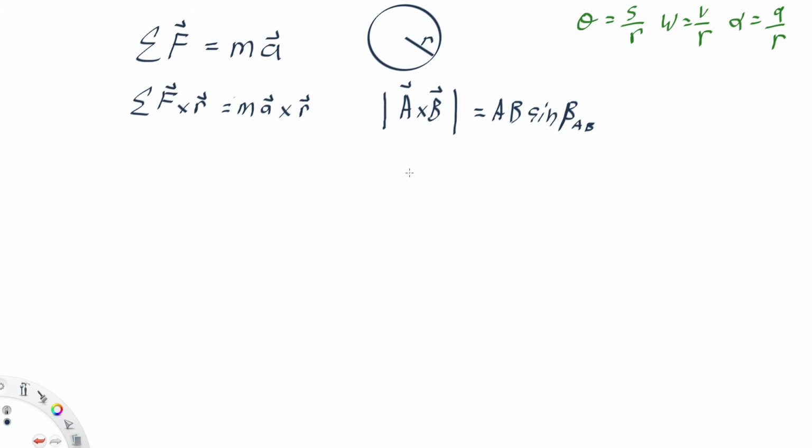And the direction of A cross B is given by the right-hand rule. I'm not going to go too much into the right-hand rule during lecture. I do suggest that you look up a YouTube video of people trying to contort their hands to explain it.